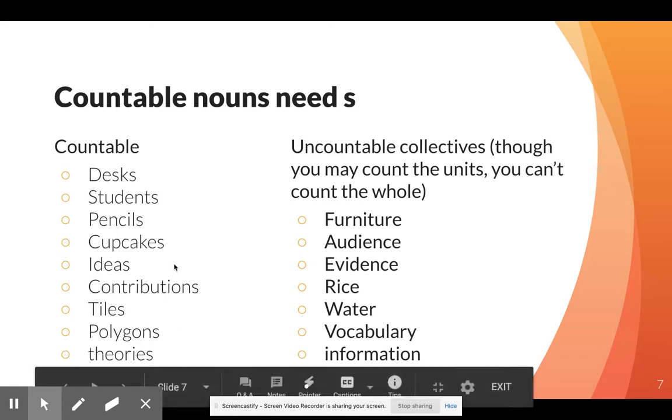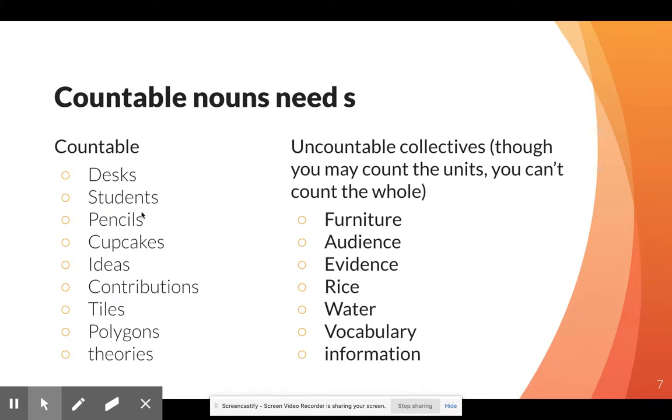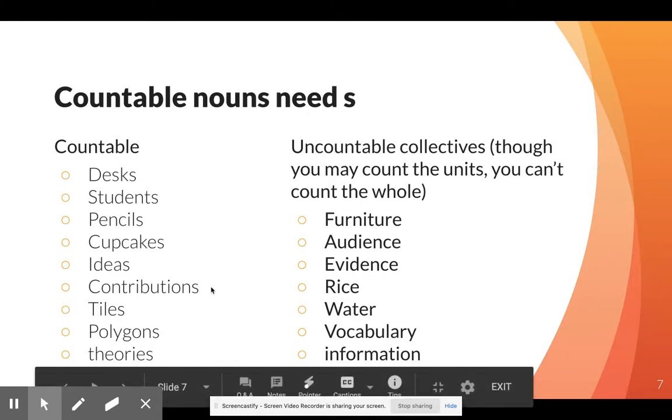For example, in my room there are 14 desks. My largest class has 13 students. There are 22 pencils on my desk. We ordered 24 cupcakes for the birthday party. My students had many great ideas. Their contributions to our discussion were fantastic.